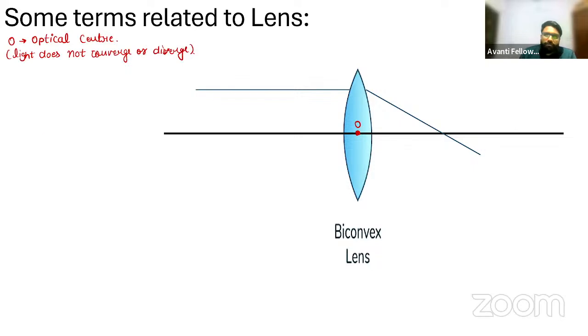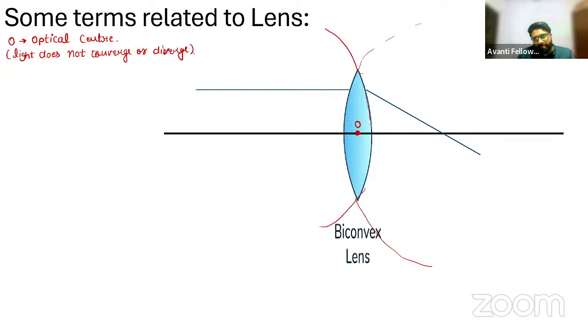Clear? Now if you compare it with a mirror, in a mirror we have only one side which is responsible for the reflection, and that is a part of a sphere, so we usually mark the center of the sphere. Here, since we have two curved parts, these two curved parts are nothing but parts of two spheres, one like this and the second like this.